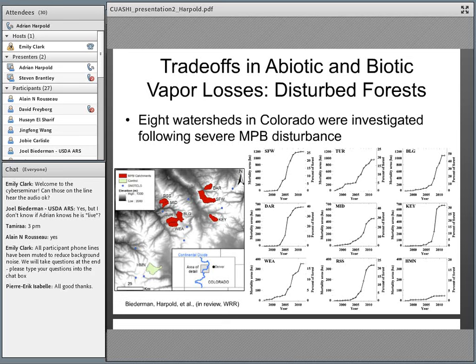So we took 8 watersheds that have been heavily impacted by pine beetle, and so that's what this complicated figure is showing, is our 8 watersheds and our 1 control, and mortality increasing. And the take home here is mortality increased all around 2005 and led to fairly high forest mortality at these sites overall.